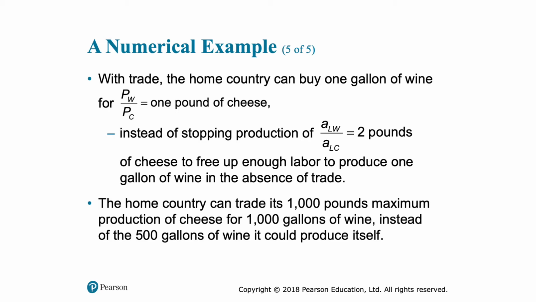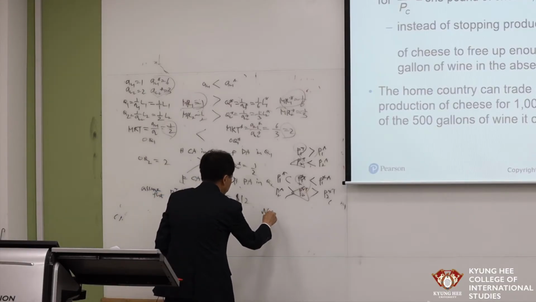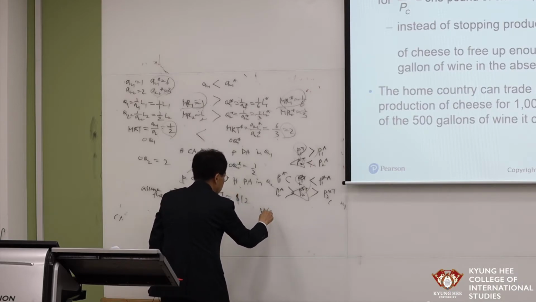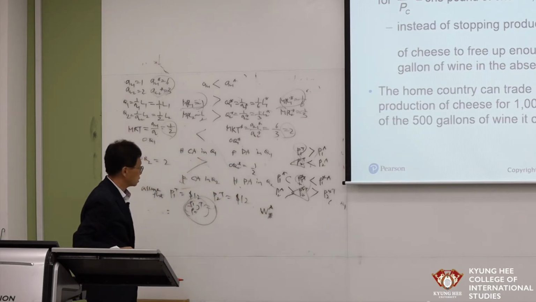With trade, the home country can purchase 1 gallon of wine. So anyway, in this setup, now we can calculate wages, autarky wages and after-trade wages. Right? That is, we can calculate that. Wage rate in sector 1 in home, in the autarky situation.